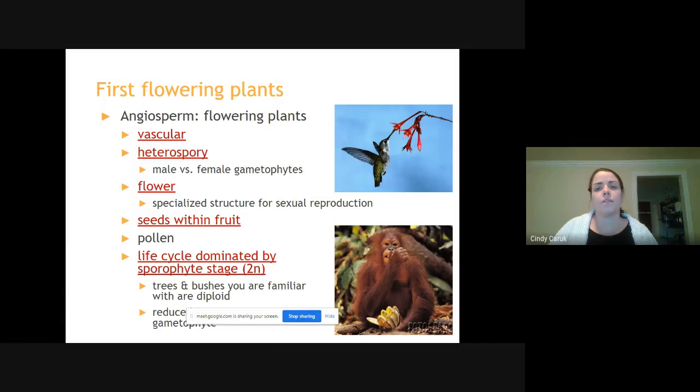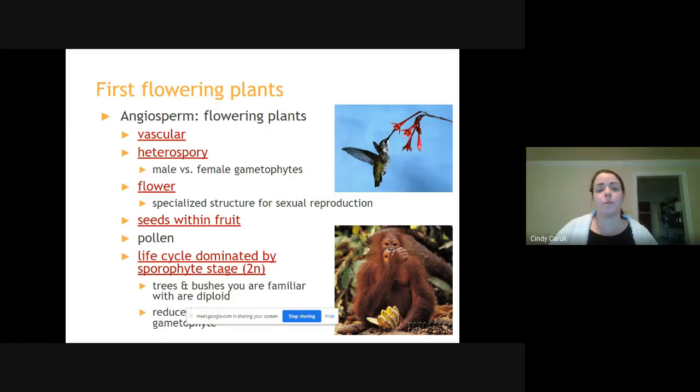And then our first flowering plants, those are angiosperms. So again, we're seeing the same vascular tissue that started out with the tracheophytes. We have heterosporia, male and female gametophyte. But now we're getting a flower. That's going to be allowing for coevolution with pollinators.